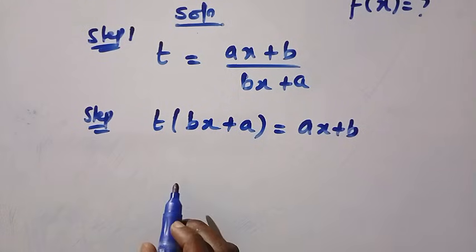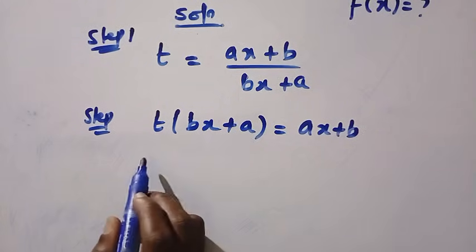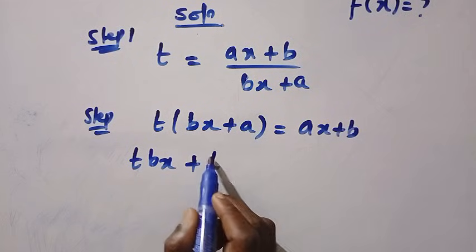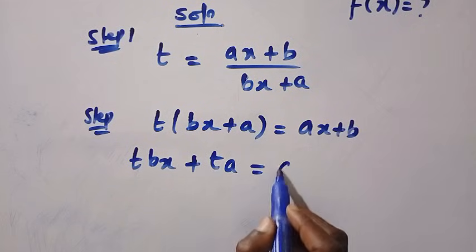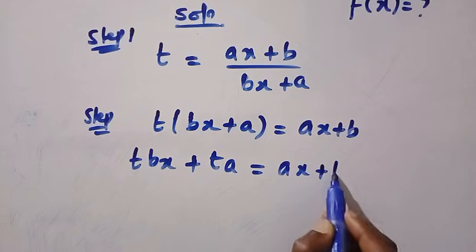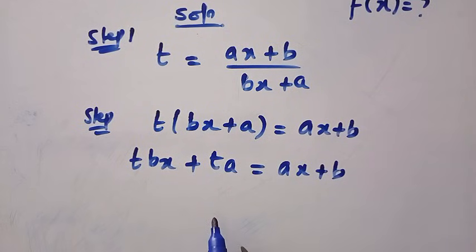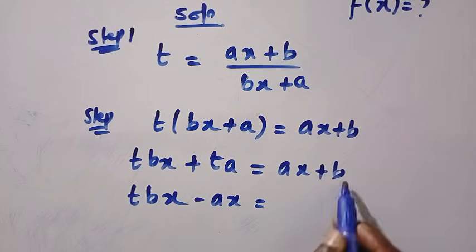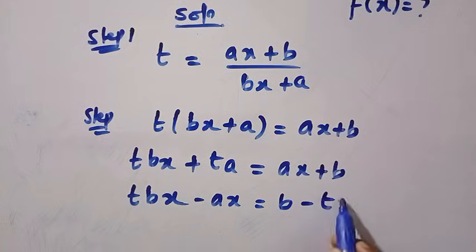Next, we open the parenthesis as we have tbx plus ta equals ax plus b. Collecting the like terms, we have tbx minus ax equals b minus ta.